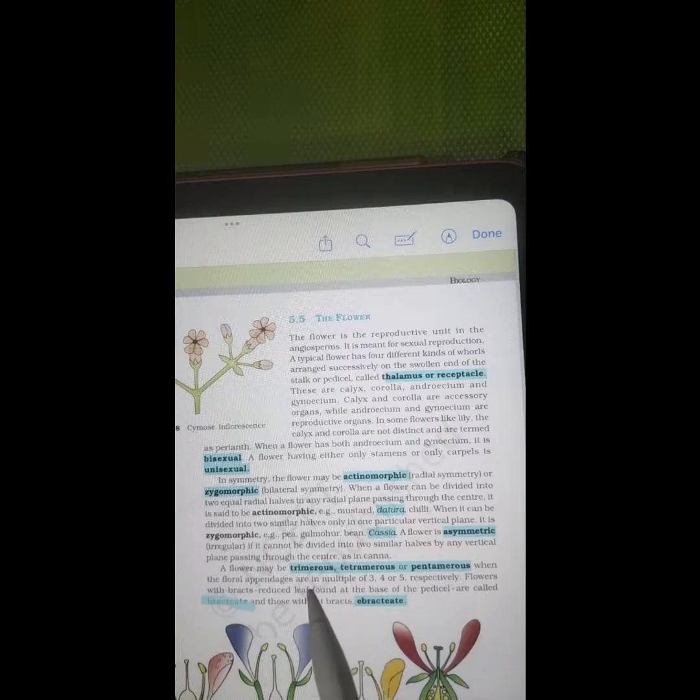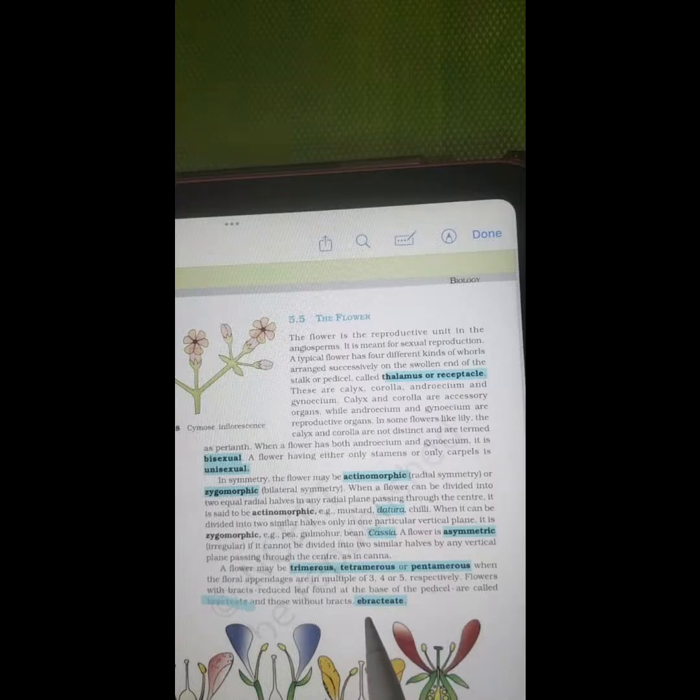So if sepals are present in multiples of 3, petals in multiples of 3, and anthers and the central part pistil are also in multiples of 3, then the flower will be known as trimerous. Whereas if these 4 whorls are present in multiples of 4, the flower will be known as tetramerous. If the 4 whorls are present in multiples of 5, then it is known as pentamerous.